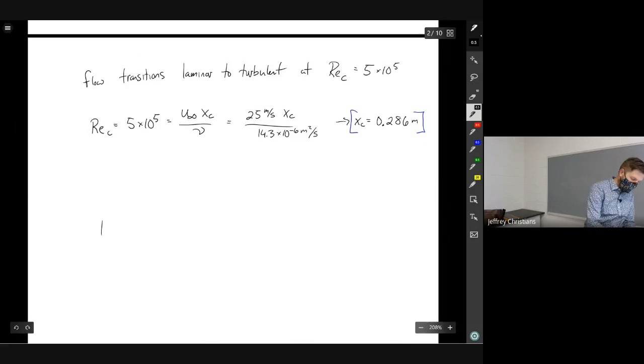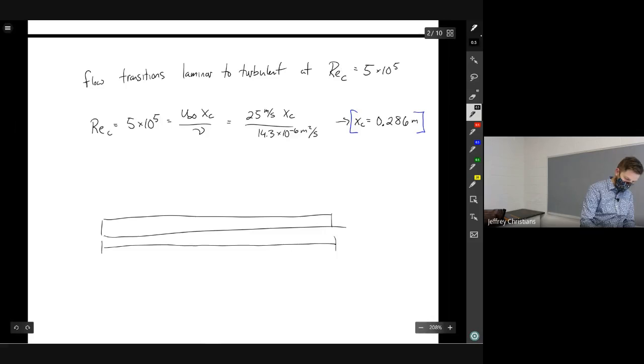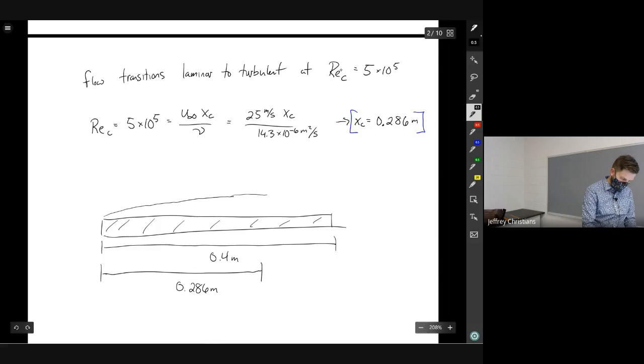So what we have on our plate, there's 0.4 meters. We're going to have our boundary layer growing like this, and then all of a sudden it's going to go.